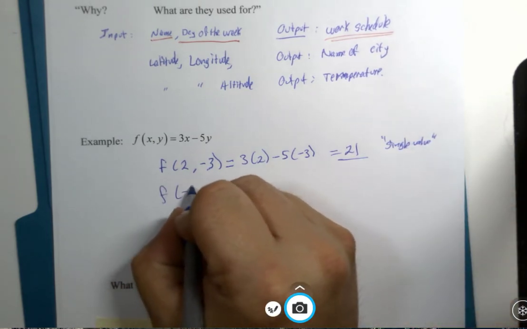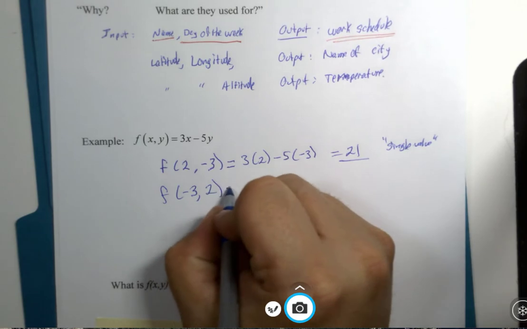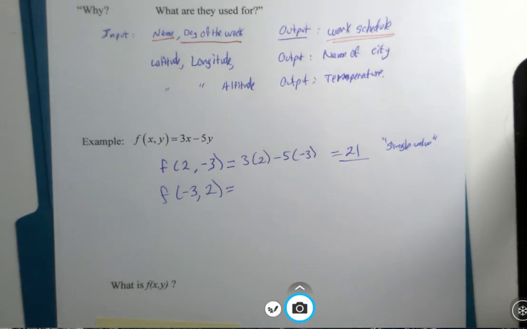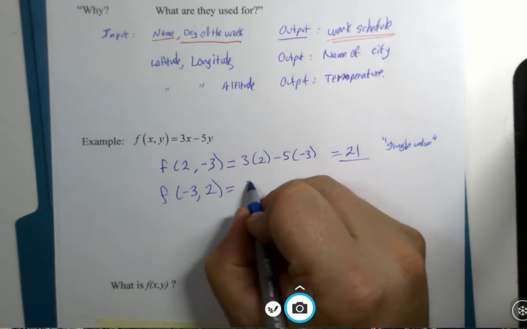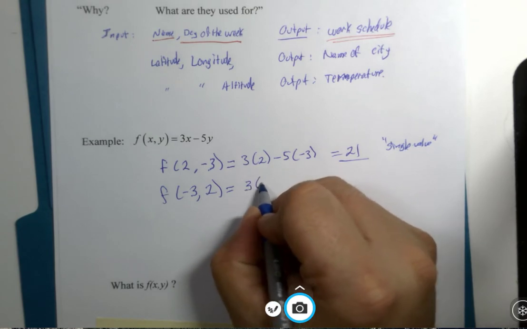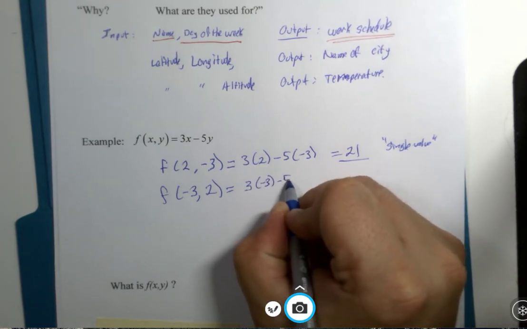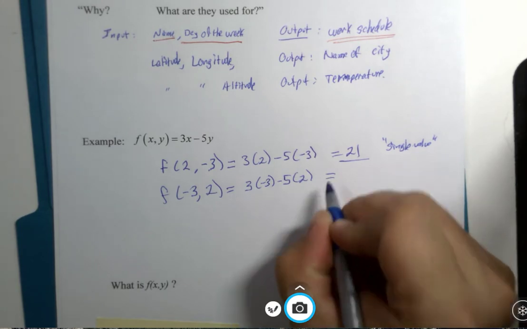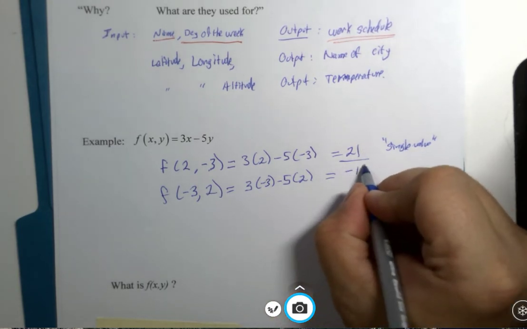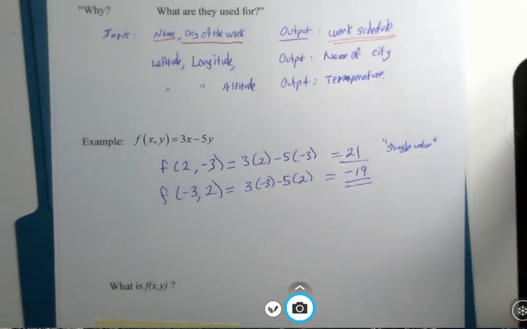But if I were to reverse the order of these 2 numbers, now x is negative 3 and y is positive 2, negative 9, that's negative 19. Clearly we get a different output out of this function if we switch the order.